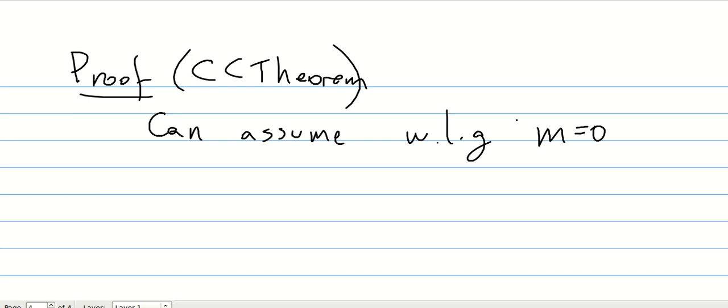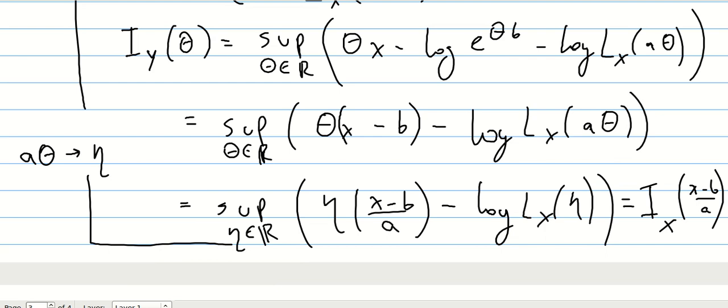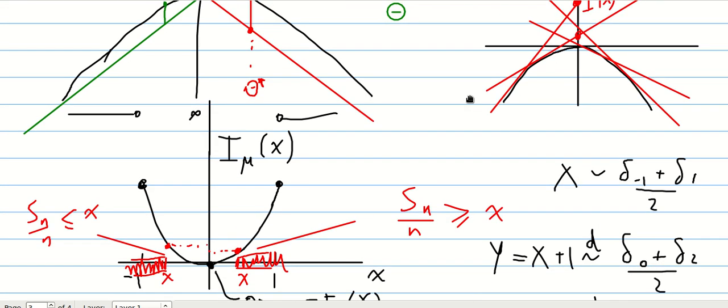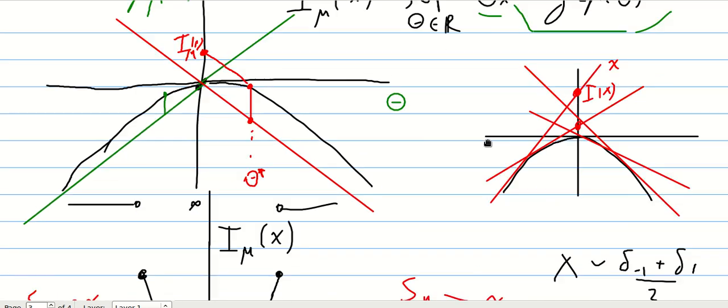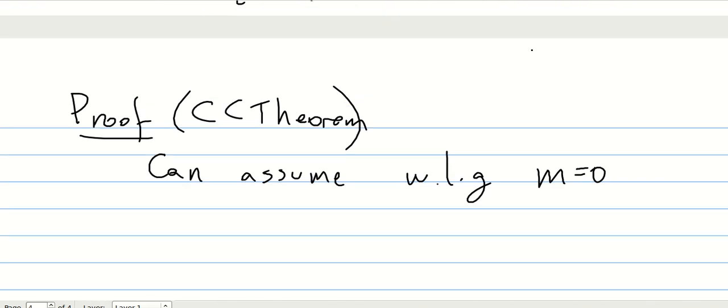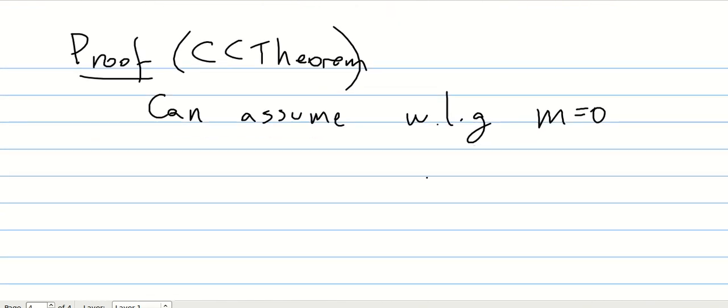Why? Because if m is not 0, we can just subtract m, and we use this formula here to show that the theorem doesn't change. So we obtain the same theorem with m equals 0. This is something that you can easily check.